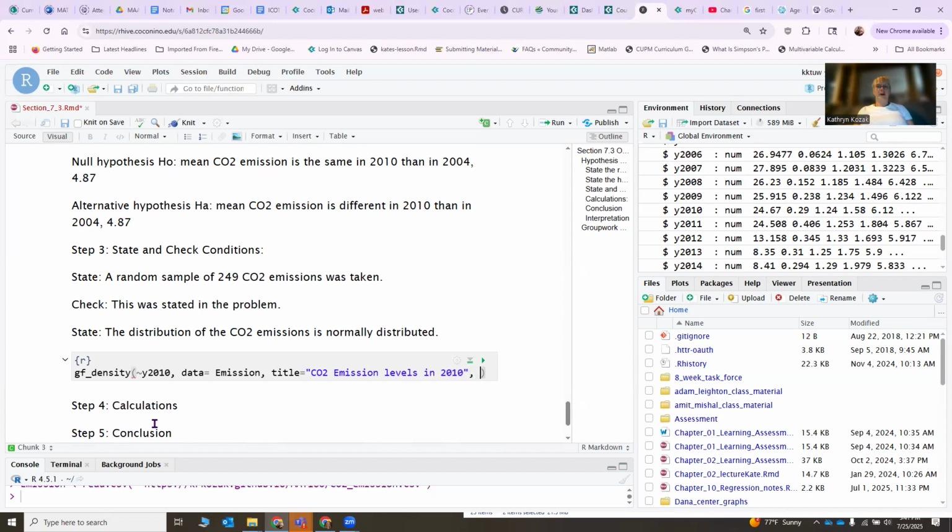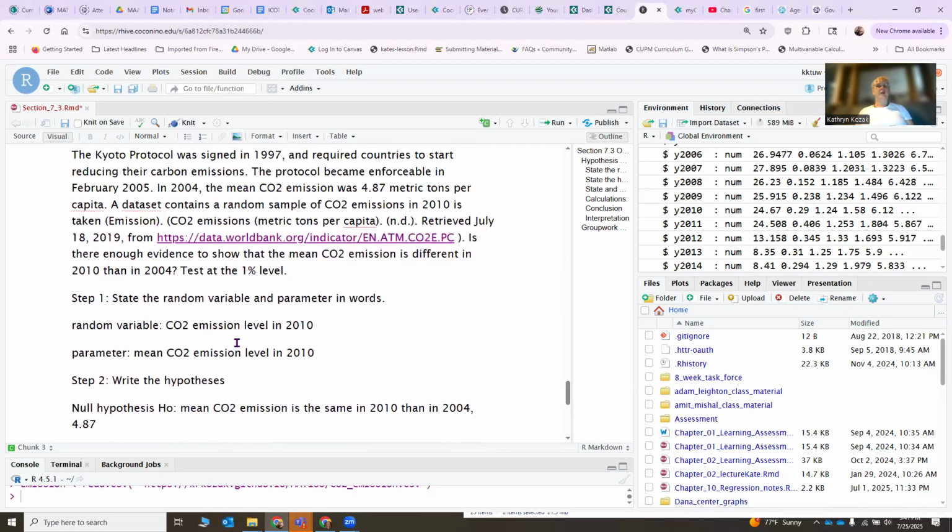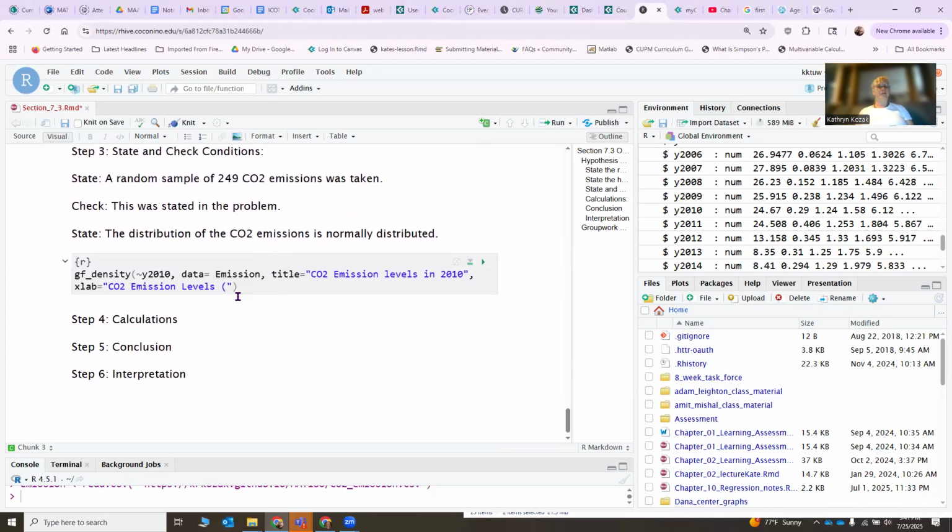And then I'll probably put a label on the x-axis, something like just CO2 emission levels. And you could put in the units. So the units here were metric tons per capita. And then we can run that.